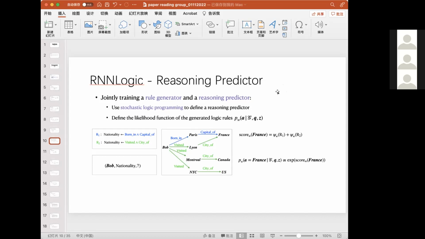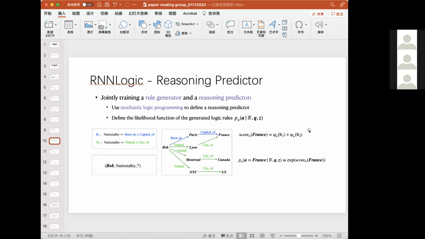And then by leveraging this confidence in calculating and inferring the answer for the given query, and optimizing this inferred answer by comparing it with the ground truth answer, we could optimize the confidence score of this set of logical rules. Is this part clear?